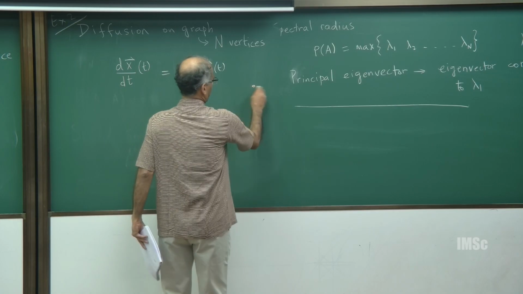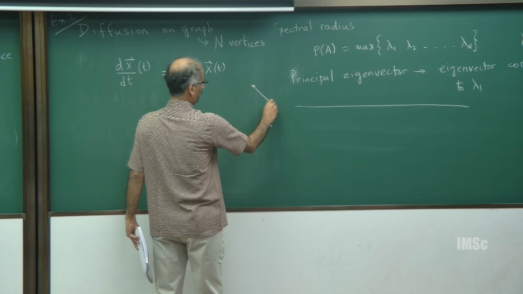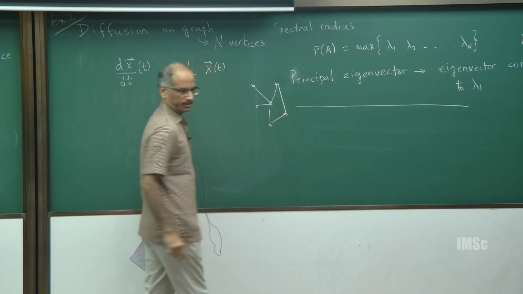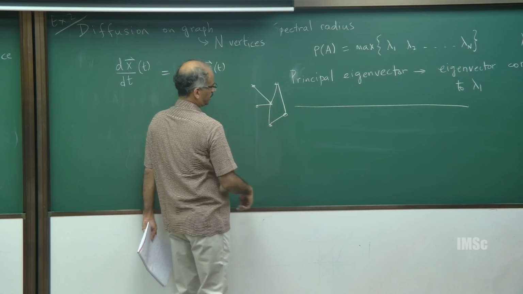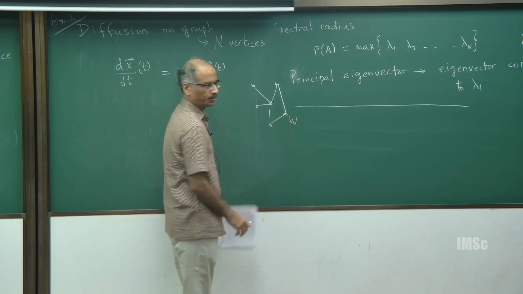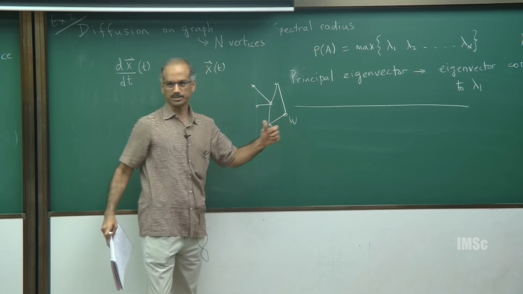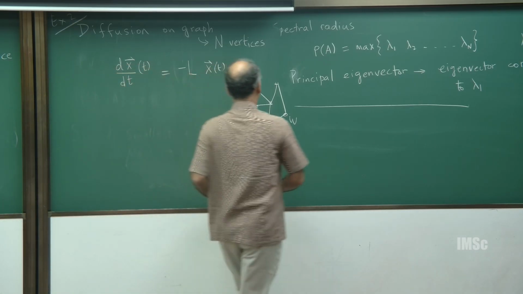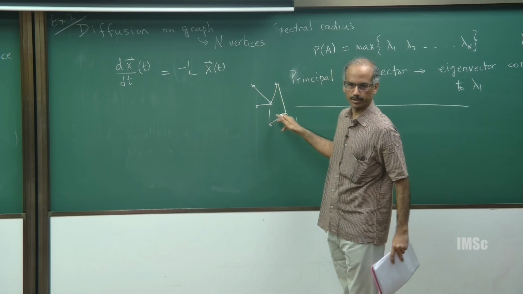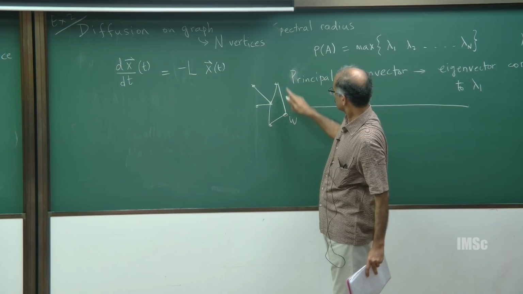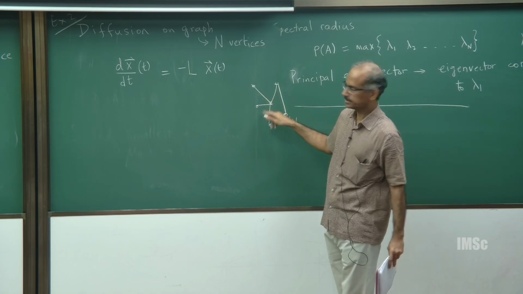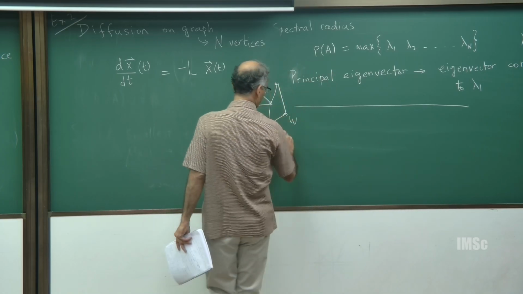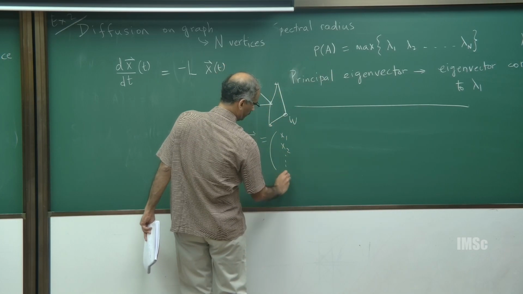Let us say this is some arbitrary network that I have, something like this, and I am putting in some w random walkers at this point at initial time. These walkers are going to simply explore this network. There are 6 vertices, and this x vector will simply be x1, x2, up to x6.